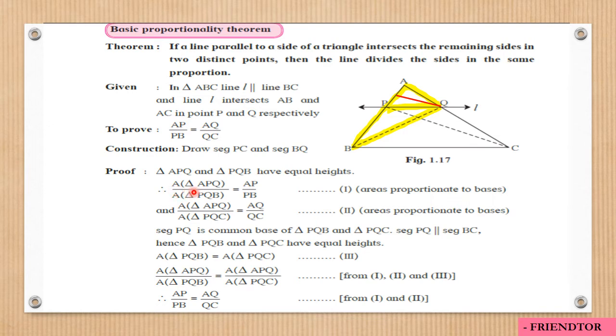Okay, so area of triangle APQ upon area of triangle PQB is equal to, what is the base of APQ? AP, and the base of PQB is PB. AP upon PB. Okay, and this we mark as 1. We'll mark it as the first point, and areas proportionate to bases is the reason behind it. When 2 triangles have equal heights, their areas are proportionate to bases.